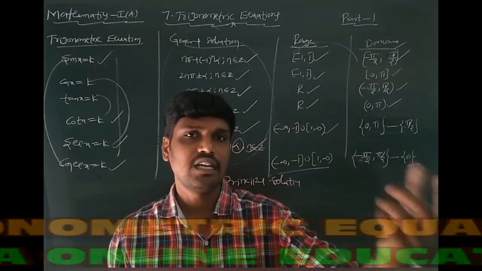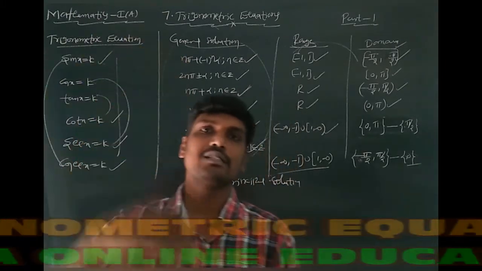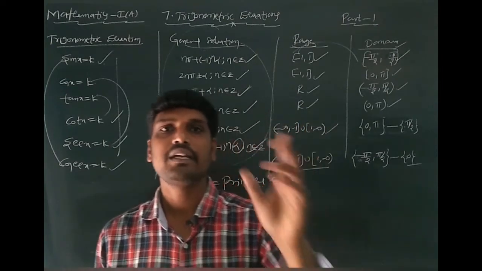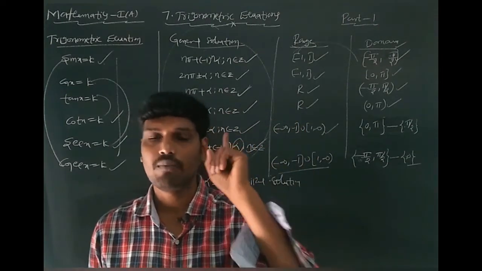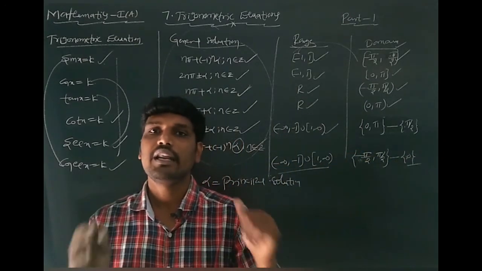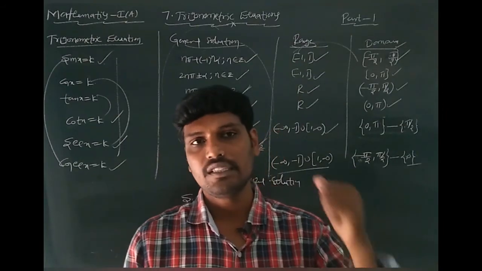After that write the general solution, find the principal angle, and substitute it into the general solution to get the answer. From this chapter only one 4 marks question comes in the IP examination. Read and write these formulas perfectly, and you will easily understand this chapter.